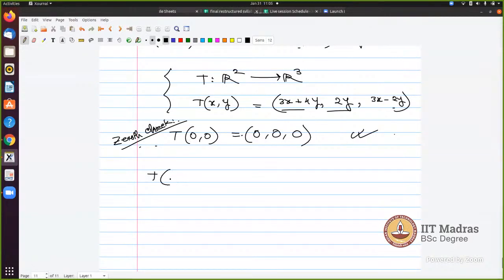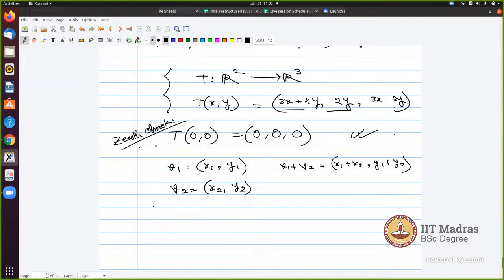Then take two elements, right? Take v1 to be x1 comma y1, v2 to be x2 comma y2. What is v1 plus v2? x1 plus x2, y1 plus y2. So what is T of v1 plus v2?